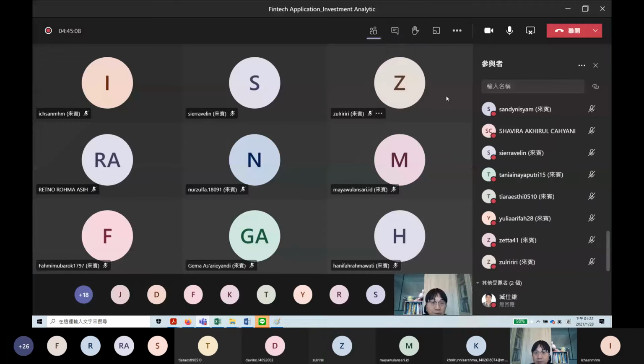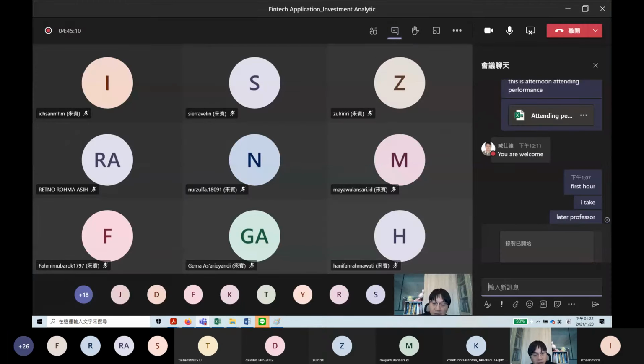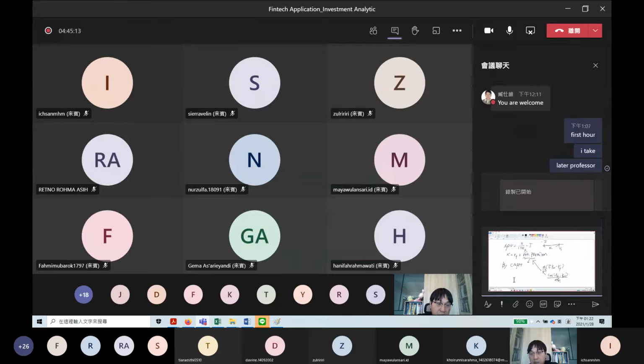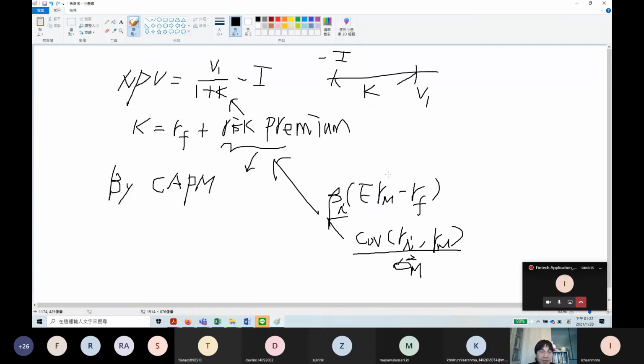Some scholars challenge this and criticize the CAPM, saying that in some situations it doesn't work. So how do we get NPV then? At this time, we use another model.